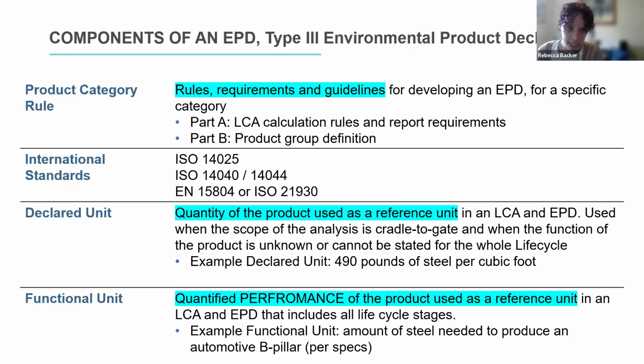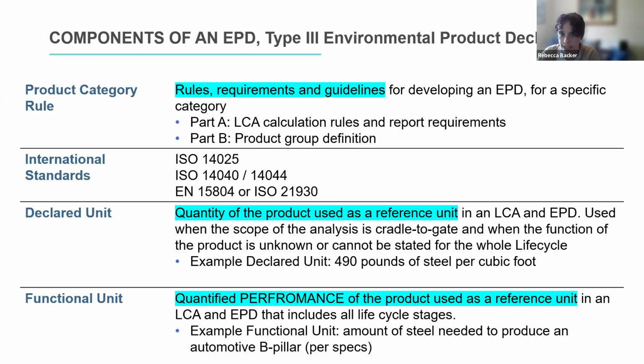All of these standards and PCRs are essentially the industry's way of trying to make sure that LCAs are modeled in a consistent manner and that the EPDs are disclosing the results in a consistent manner across product categories and across the industry as a whole.